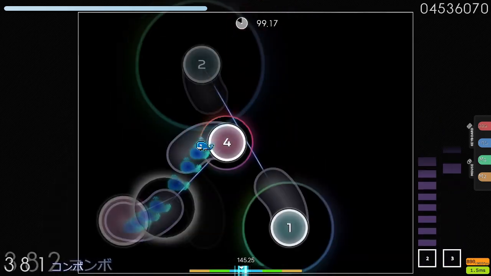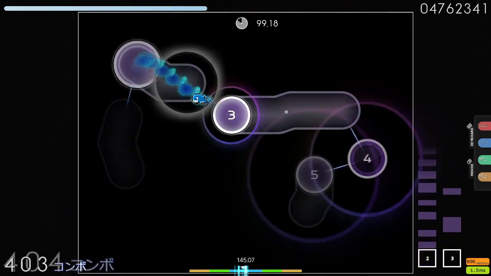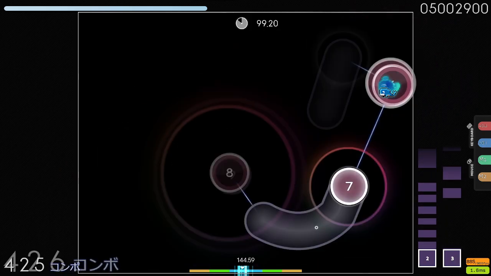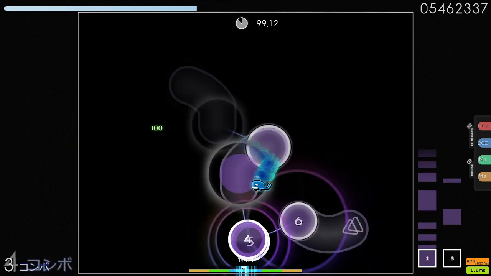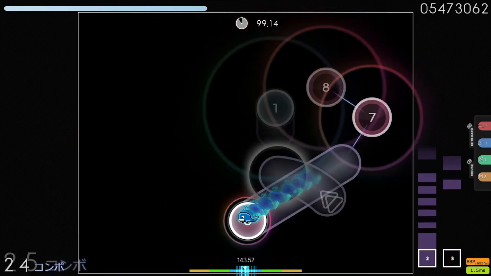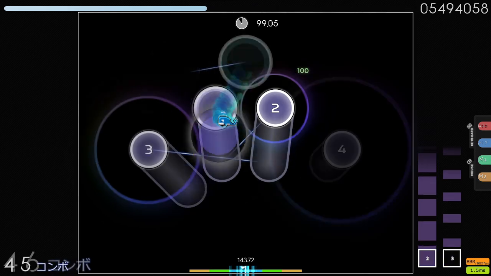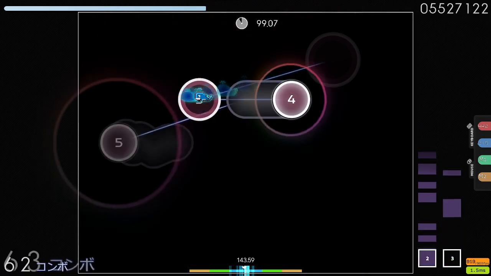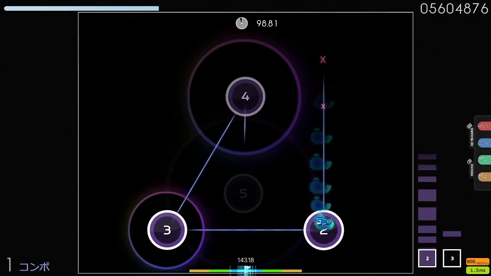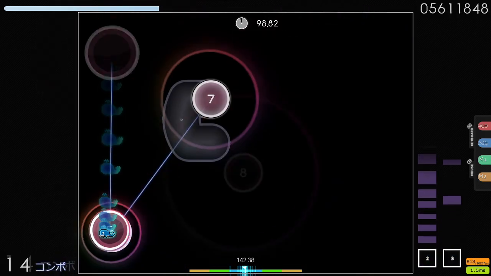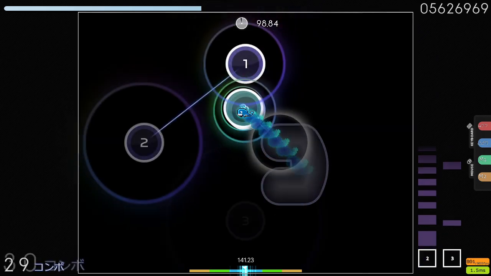Like I mentioned earlier, there's different subsets of alternating maps, since it's just kind of by the BPM. And I should also add, just because the BPM is within that range I mentioned doesn't necessarily make it an alt map. Oh yeah, this map is very tricky.